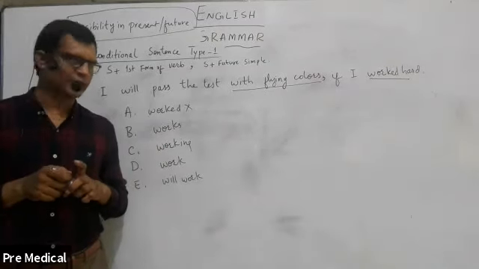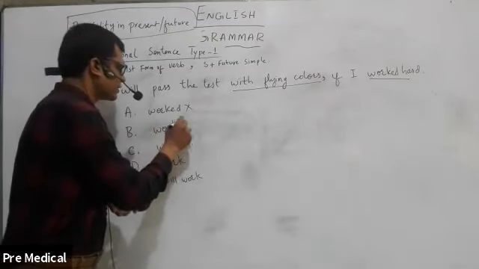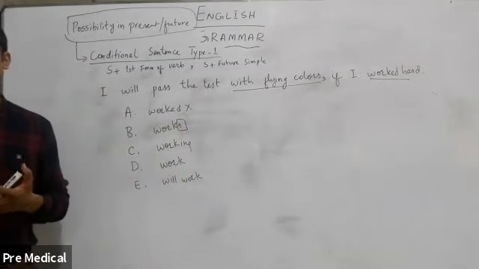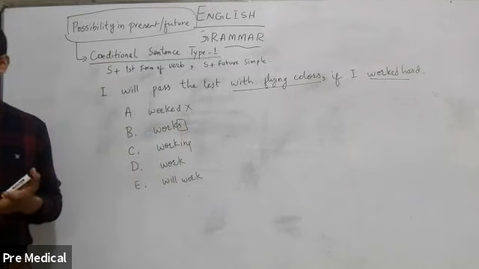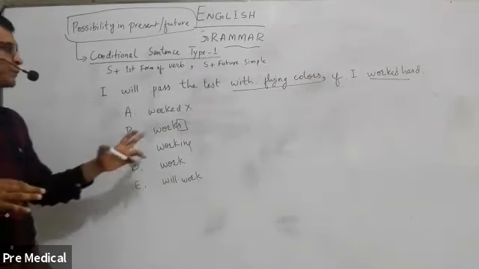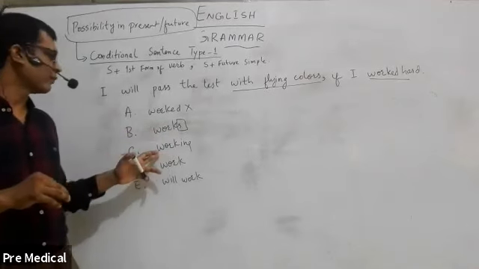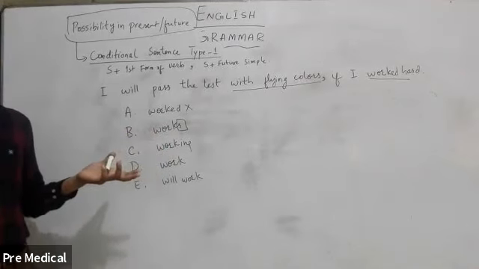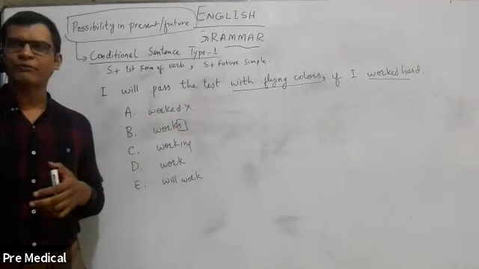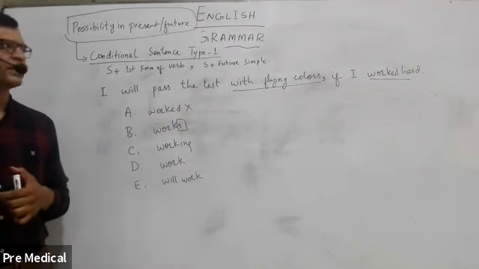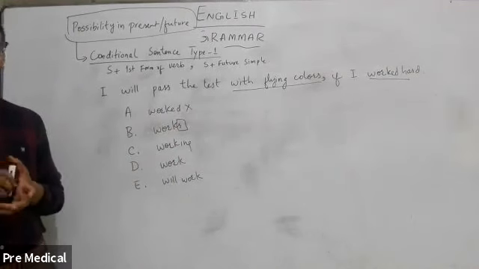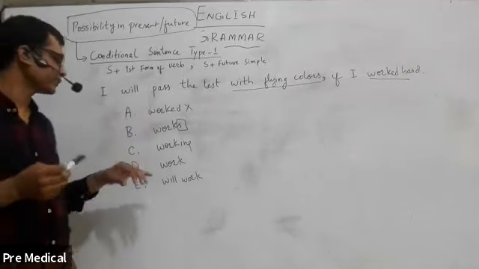Works shows third person singular, and if it is he or she or it or the name of an individual, then probably it can work. Working, this is an ing form. If it were right, then there should be I am working or I was working or I will be working or I have been working, which is not there.